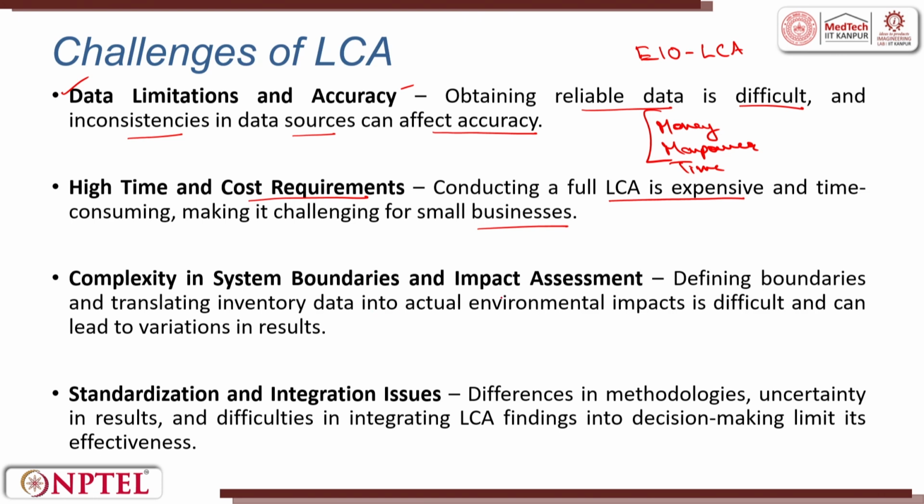Complexity in system boundaries and impact assessment. Defining the boundaries and translating inventory data into actual environmental impacts is difficult and can lead to variations in results. Standardization and integration issues, that is, differences in methodologies, uncertainty in results, and difficulties in integrating LCA findings into decision making limit its effectiveness.